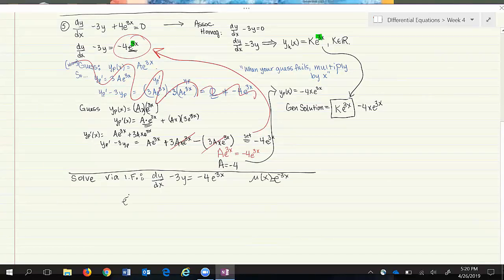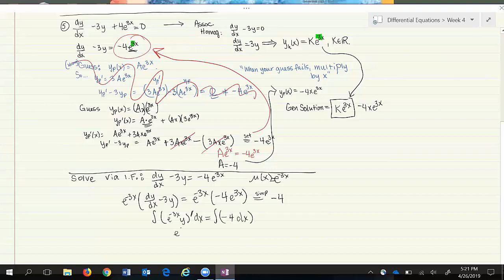So I'm going to take e^(-3x) and multiply it by the right-hand side, and set that equal to e^(-3x) multiplied by the other side. Now you'll notice you can simplify the right, and it becomes just -4. So on the left we have the derivative of e^(-3x)y equals -4. Then we want to integrate both sides.